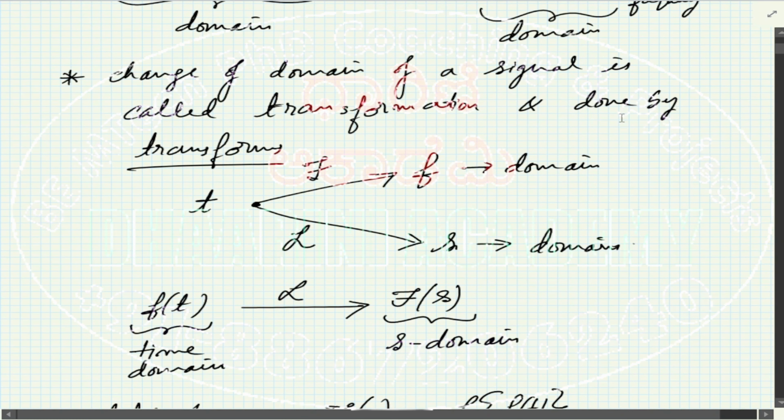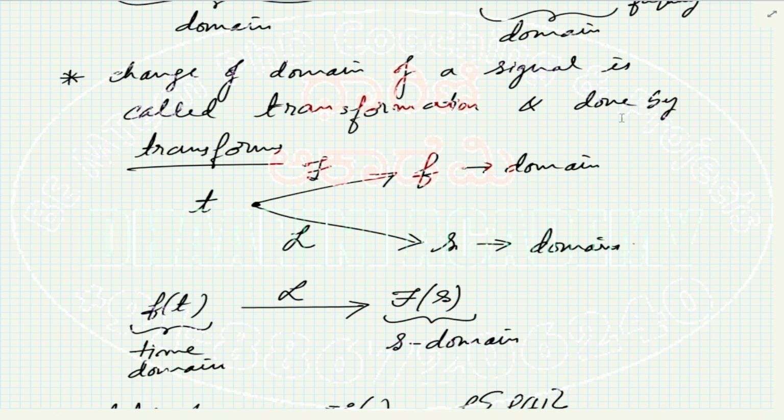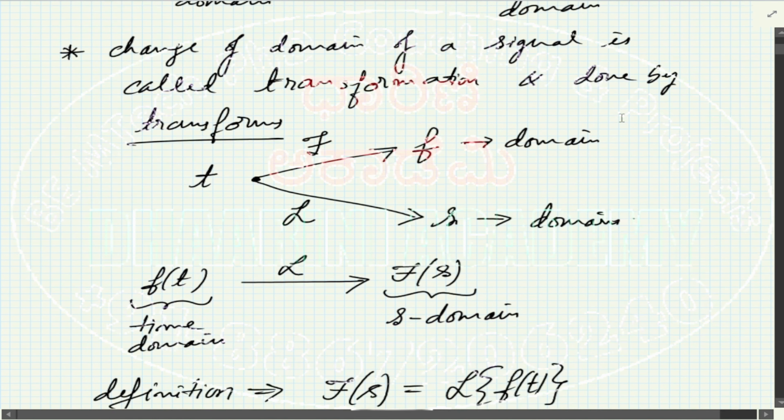Now, if you recall, there are some issues with the Fourier representation. The basic problem is that not every signal will have a Fourier representation. Whenever a signal has no Fourier representation, but you still don't want the time domain view and want to go to a different domain, you have to go for a different transform.